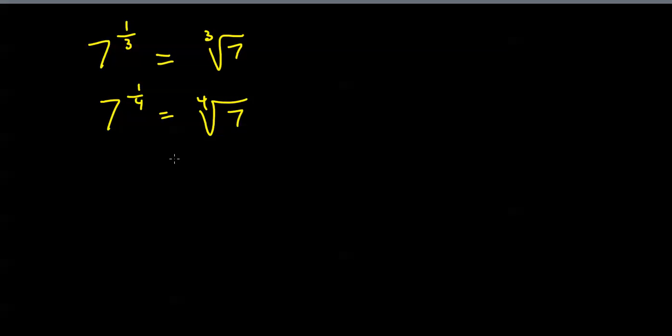I claim by that above rationale that, well, I could claim 7 to the 1/3 power is the third root of 7. Could I not? 7 to the 1/4 power I claim is the fourth root of 7, etc. In fact, I could claim any base to the 1 over nth power is equivalent to the nth root of that base.